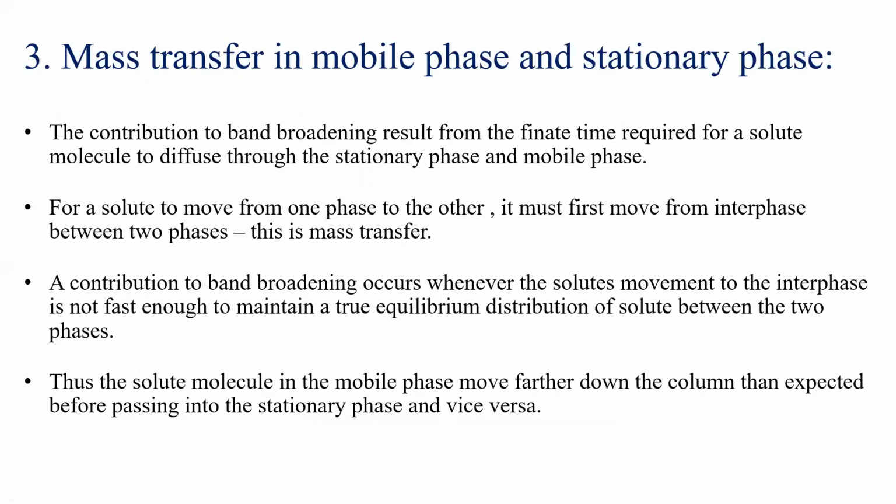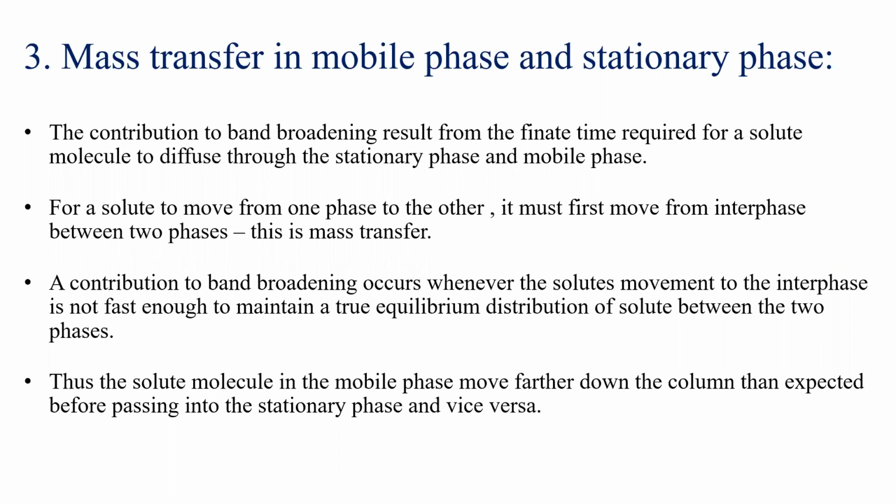Third one is the mass transfer in the mobile phase and stationary phase. The contribution to band broadening results from the finite time required for a solute molecule to diffuse through the stationary phase and mobile phase. We know that the basic principle of chromatography is the distribution of a solute between a mobile phase and a stationary phase.